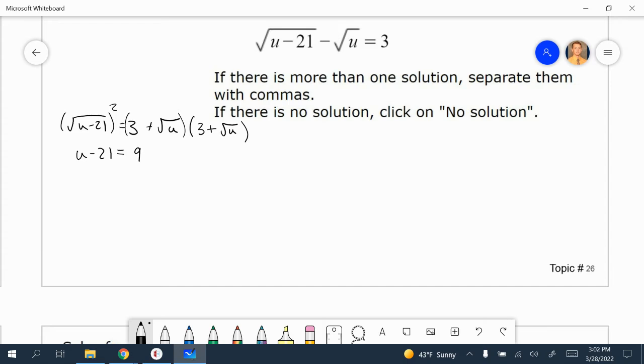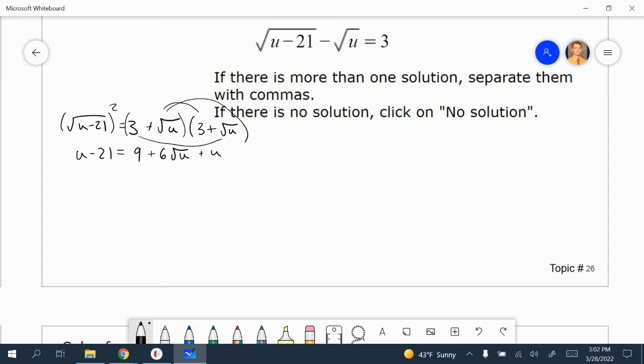My inside term and my outside term together. So my inside term looks like it's 3 root u. Outside term is also 3 root u. That means we'll have plus 6 square root of u. And then my last terms are square root of u squared, which is just a u.